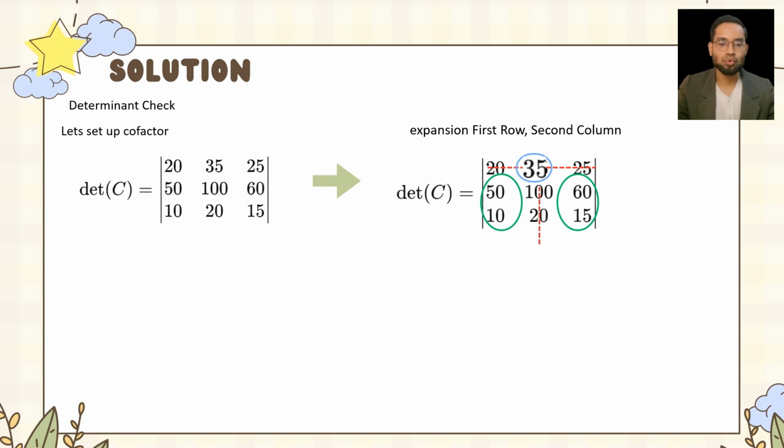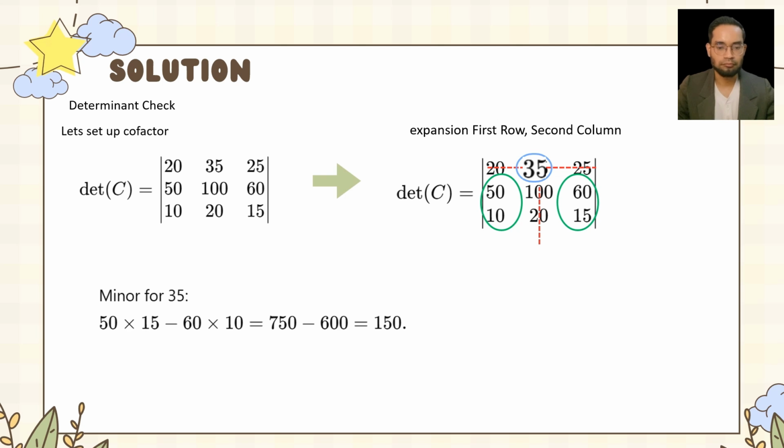We now form the 2 by 2 matrix, which is 50 and 10, and 60 and 15. So let's get on to the calculations. For minus 35, we calculate 50 times 15 minus 60 times 10, which is equal to 750 minus 600, equal to 150.